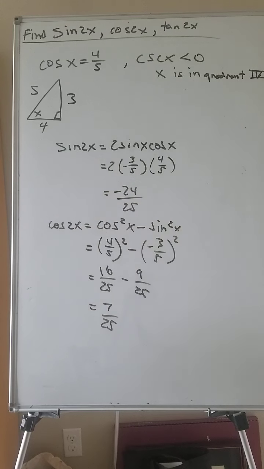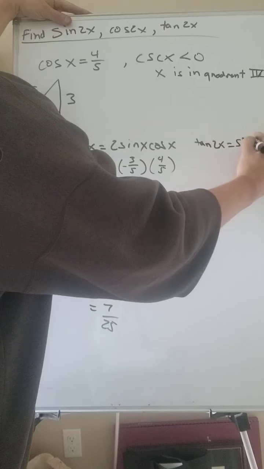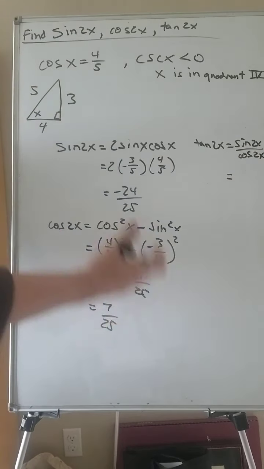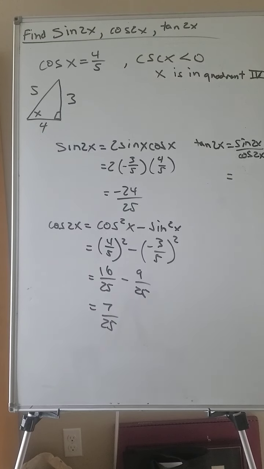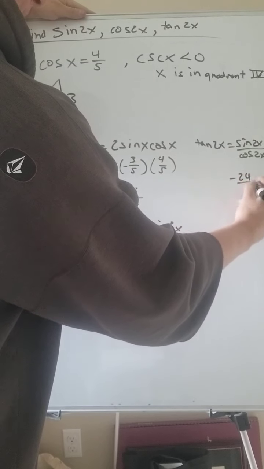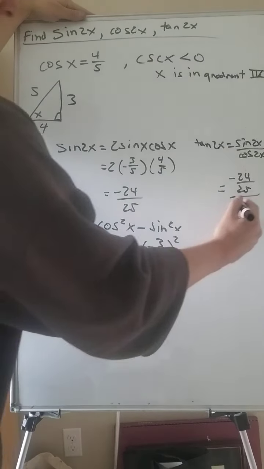So we found the sine of 2x, we found the cosine of 2x, and now I just want the tangent of 2x. Again, I could jump back and use the formula, or since I already know sine of 2x and cosine of 2x, I can simply write that the tangent of 2x is equal to the sine of 2x over the cosine of 2x, and just substitute these values in. Sine of 2x is negative 24 over 25, and cosine of 2x is 7 over 25.